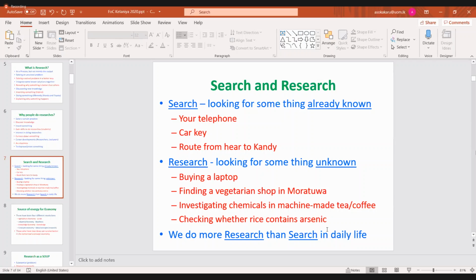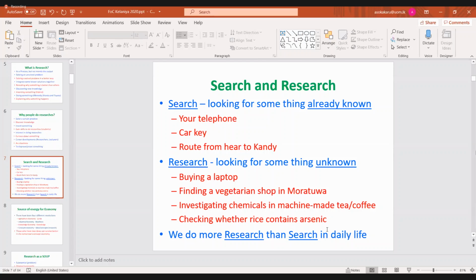The other one we call research. Research. Very important thing. So when you are looking for something you don't already know, it is unknown. Okay.